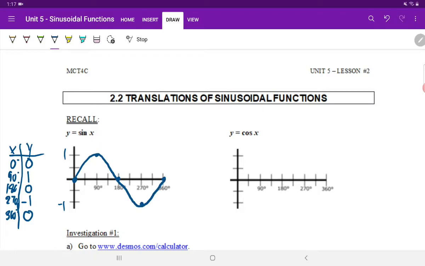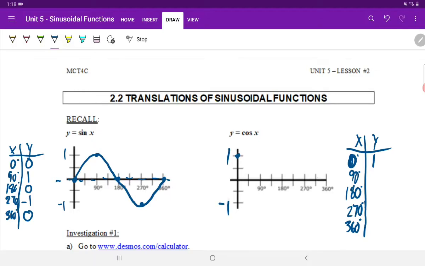The cosine function, if we remember, has the same x values, but the y values, the outputs, were a little bit different. Instead of starting at the equation of axis, like in the sine function, we actually start at the maximum, so at 0, 1, for the cosine function.